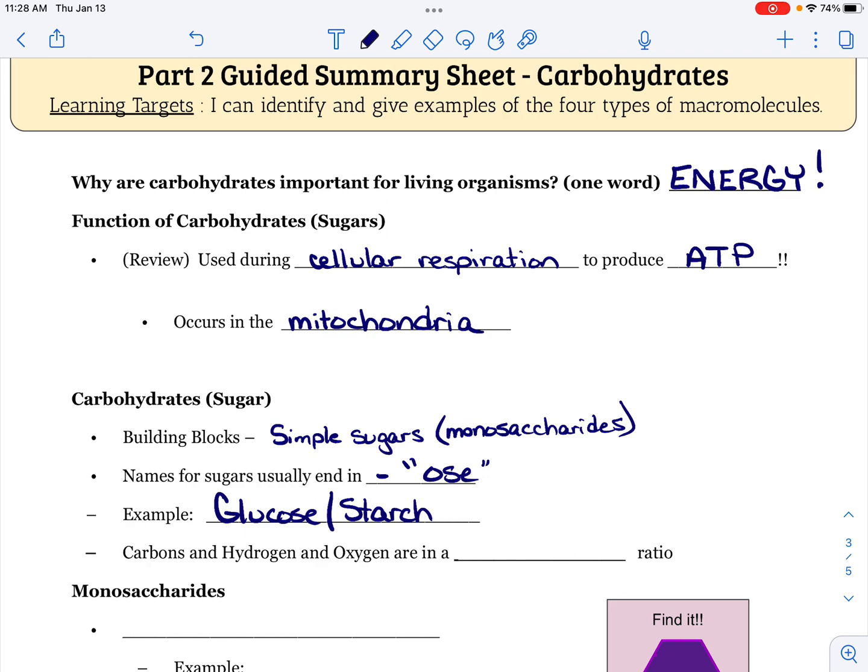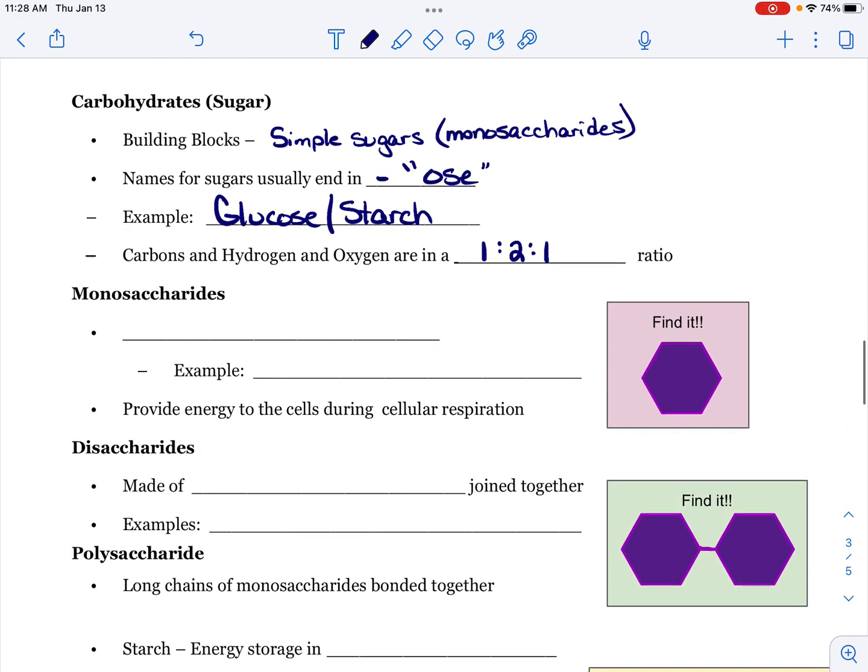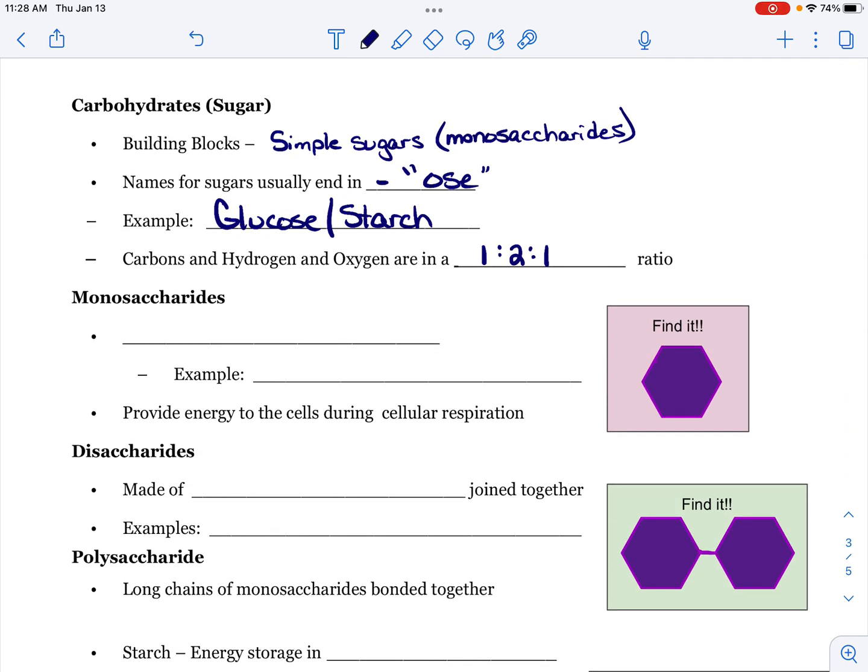When we look at carbohydrates, our carbon to hydrogen to oxygen ratio is usually in a 1:2:1 ratio. So if you look at glucose, which is C6H12O6, and you break that down, it's 1:2:1. Monosaccharides are those simple sugars.